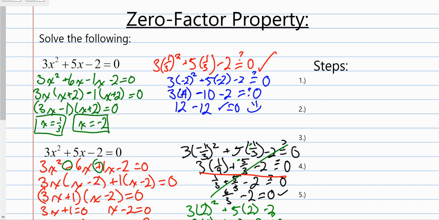So, the steps for solving an equation like this: first, make sure, if we're already factored, you can ignore step 1. But step 1 is to get your equation into standard form.